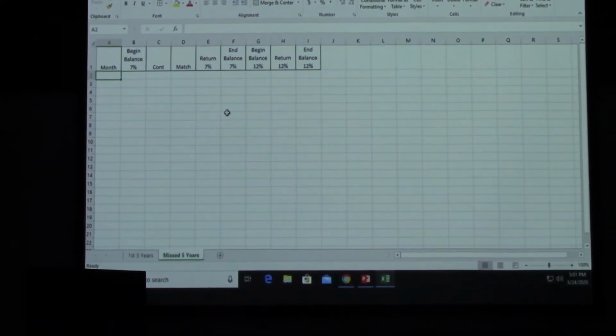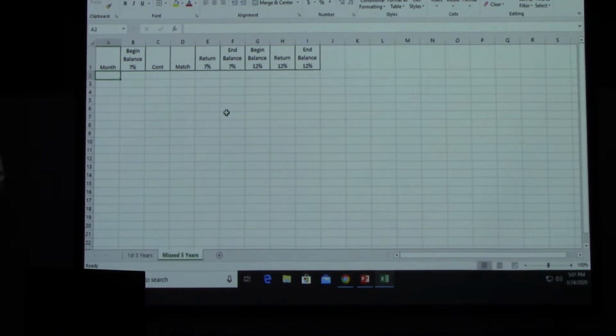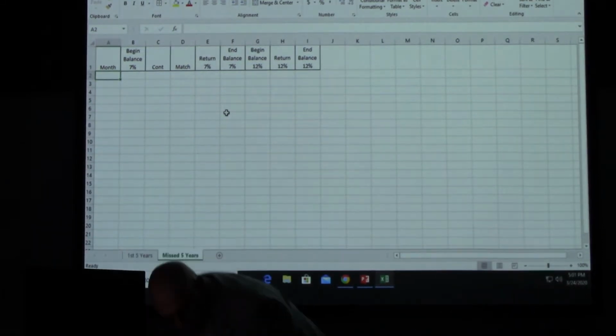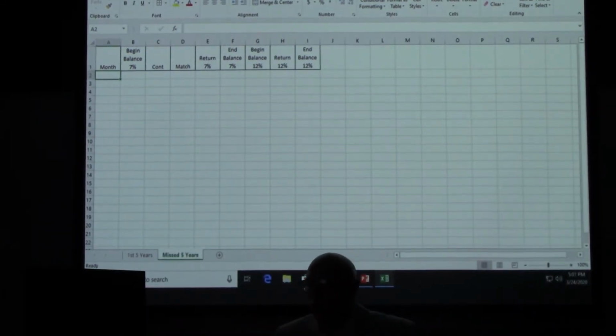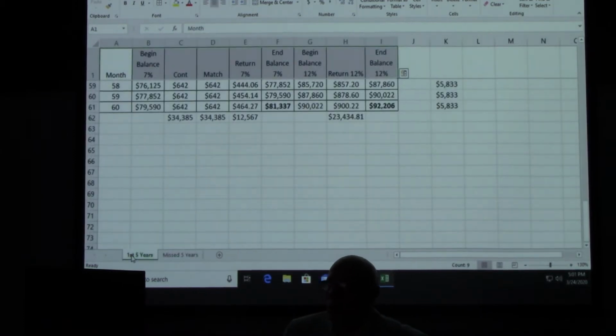Okay, folks, so let's answer question number 4. What I did was I named this tab the first 5 years, then I hit the plus button and created a second tab and called it missed 5 years. You can call it whatever you want.